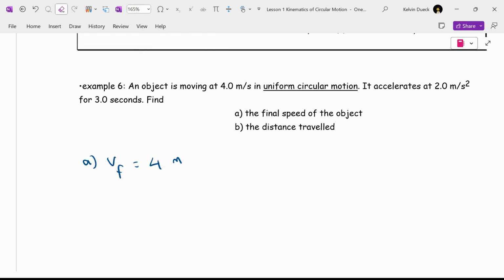VF is 4 meters per second. Mr. Dueck, how can that be? It's accelerating. Yes, but it's moving in a uniform circular motion. This acceleration is not changing the speed, it's changing the direction. It's continually going at a constant speed.